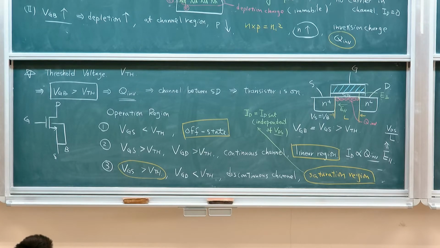Let me review it once again. There are two basic operation steps when you think about a MOSFET. First of all, we need to induce charge to form the channel.